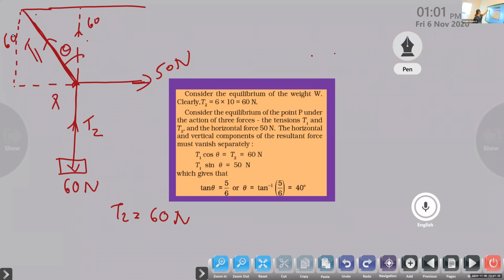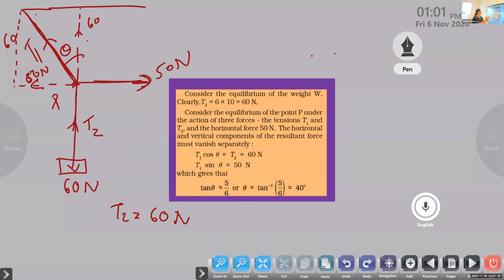Now, it is making an angle theta. Now, 50 Newton is acting in this direction. In this direction also, how much will the answer be? 50. So this is the only way. In the equilibrium condition, the magnitude is the same, the direction is opposite.